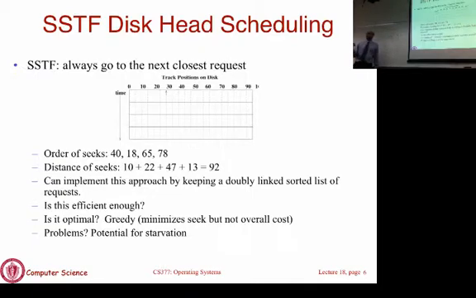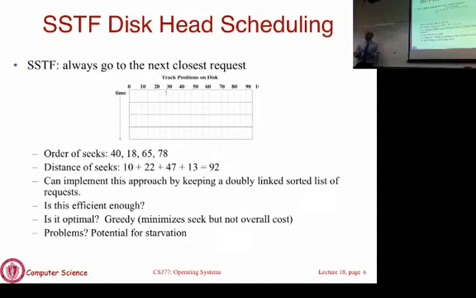Since you're always going to pick the closest request, it may be that there are always requests close to the disk head, so the disk head is simply moving back and forth in some region. Requests that come in far away, on the outermost or innermost track, are always further away than other requests, and they will never get serviced as a result.